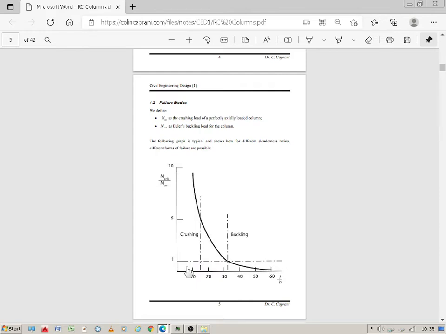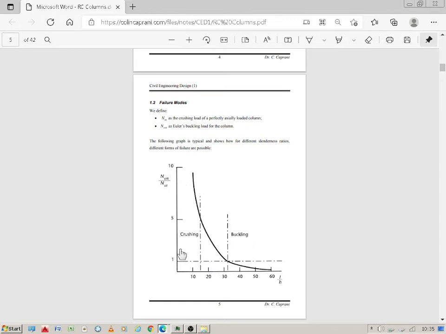And when the ratio N critical divided by N_UZ is more than 1, then it starts to buckle.